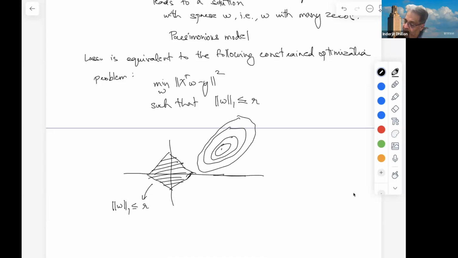Then the solution will be the first time it hits the set, and because this has corners, you can see that the solution is here. This is the lasso solution.